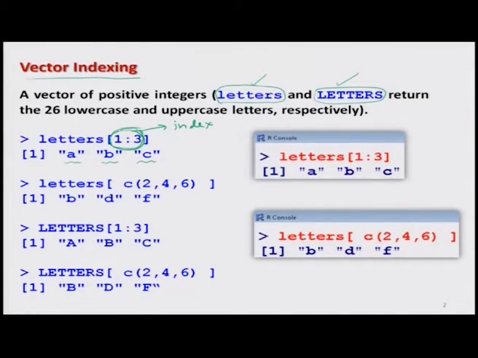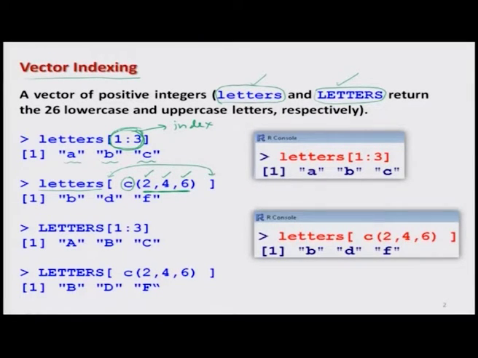Similarly, in case I want to call any particular values, say suppose I want the values at position number 2, position number 4 and position number 6. So I write down all these indices inside the combine command c, and then I use the syntax letters with the square bracket.